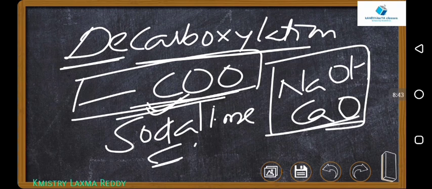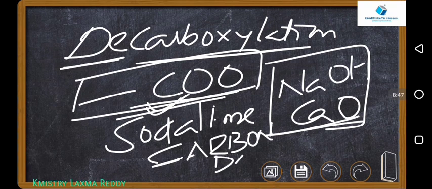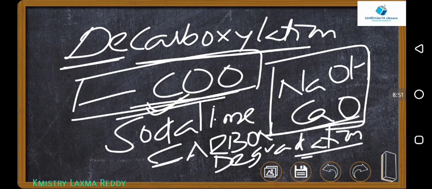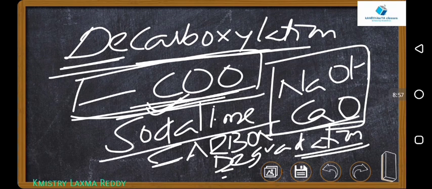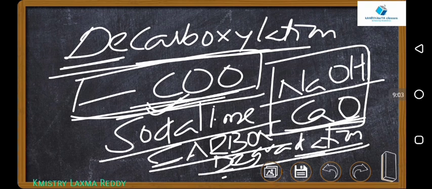When carbon decreases, those reactions are called carbon degradation reactions. Carbon degradation means the number of carbons is going to decrease. So decarboxylation means removal of COO by using soda lime, a combination of sodium hydroxide and calcium oxide. Here the number of carbons decreases, that's why this is called a carbon degradation reaction.